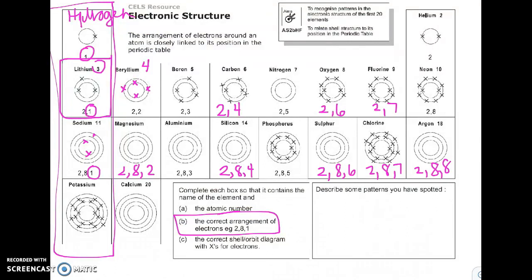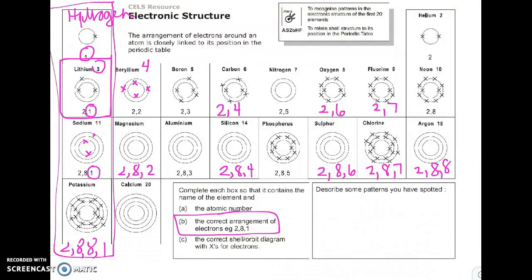And then we loop back around to potassium, and we have 2, 8, 8, followed by 1, because everything else in the first column has that 1 there. We only go up through calcium because once you get past calcium, the arrangement gets a little trickier, but for these first 20, the patterns emerge.